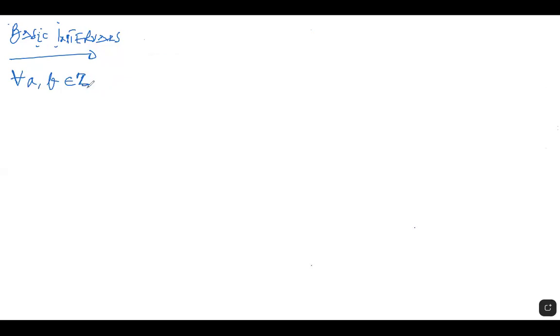And you know what integers are, right? Positive and negative whole numbers. If I'm referring to just positive integers, I would say Z plus, which contains positive integers. And if I want negative integers, I would say Z minus.